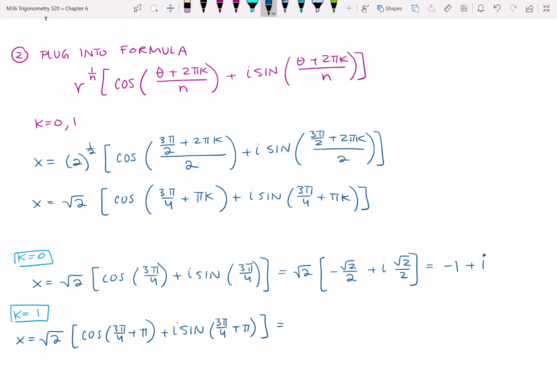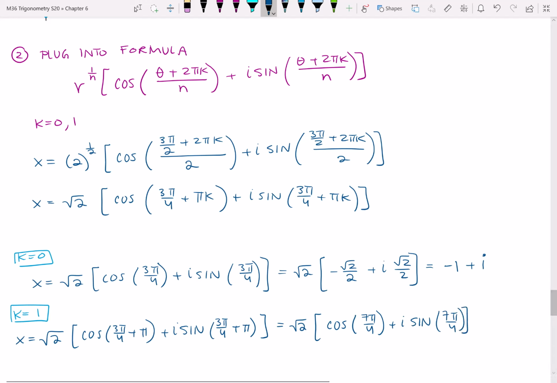And so again, 3 pi over 4 plus pi gives us 7 pi over 4. I'll write it out just to have it here. So this is the same thing as cosine of 7 pi over 4 plus I sine of 7 pi over 4.